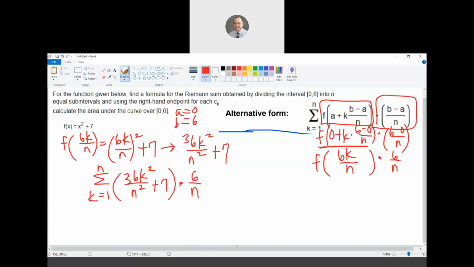So 36k squared over n squared times our 6 over n, we're distributing that, plus the second summation going from 1 to n of 7 times 6 over n. Excuse me.